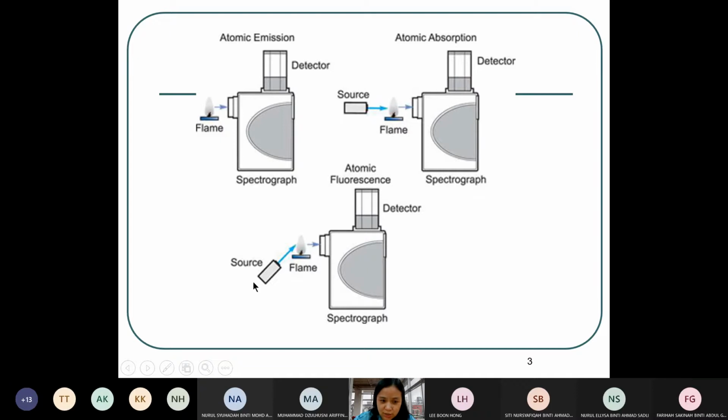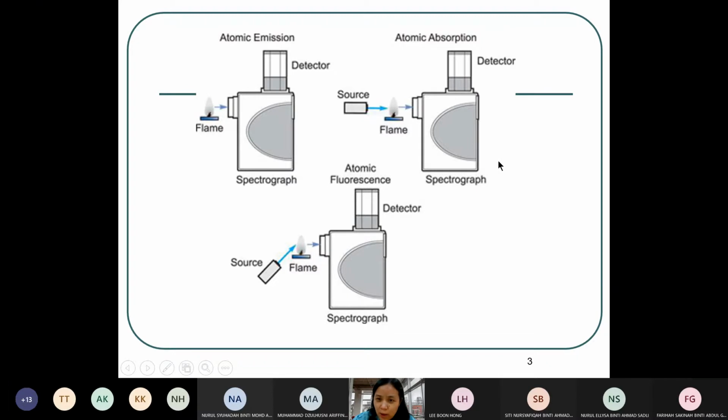In contrast, in AES, we don't call it an atomizer because it is not only meant for atomization, but also for excitation. So that's why we cannot call this an atomizer. We have to call it an energy source that allows us to perform atomization as well as excitation. So how do we differentiate between AAS and AFS?